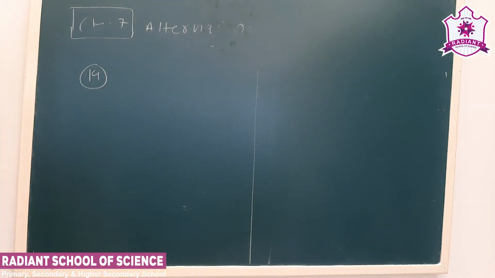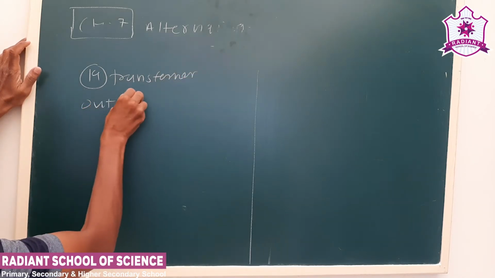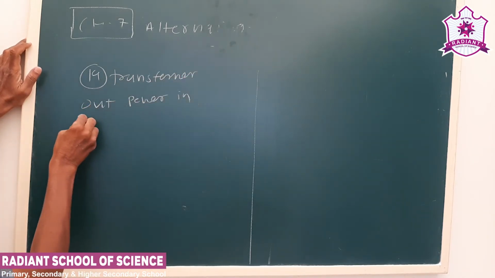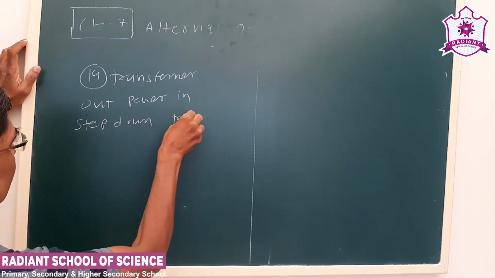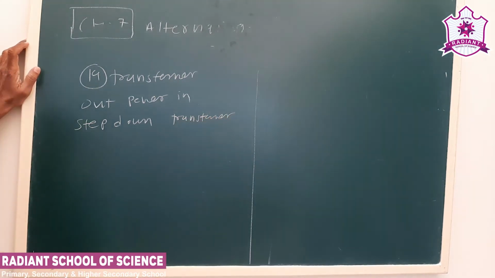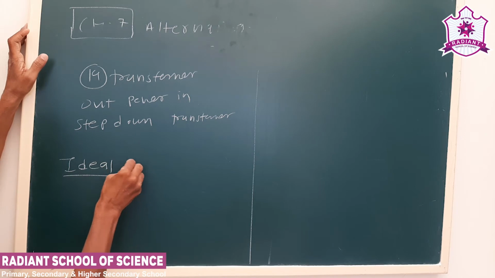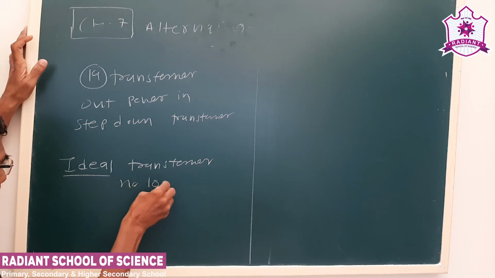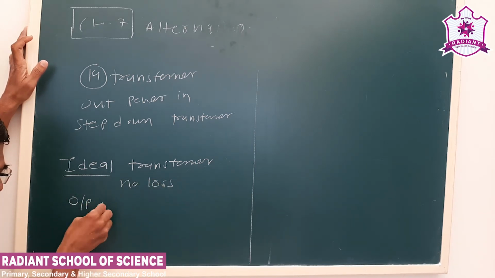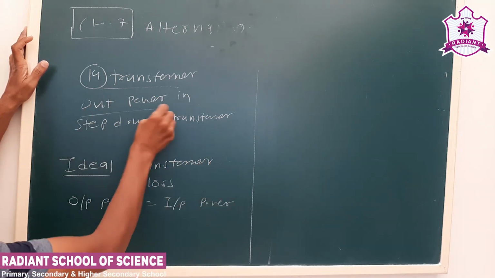Now see the output power, this is related to transformer. Okay, now see, there are two possibilities. First, if it is given as ideal transformer, then there is no losses, therefore output power will be equal to input power. But here no such condition is given.